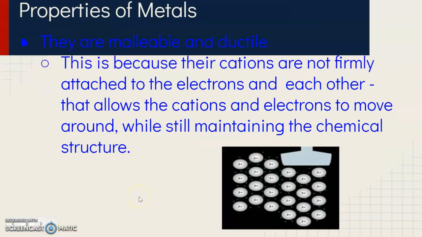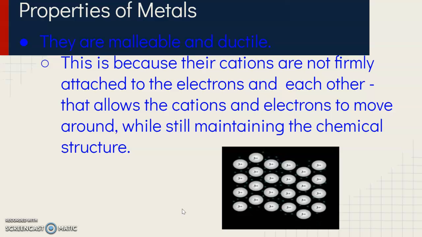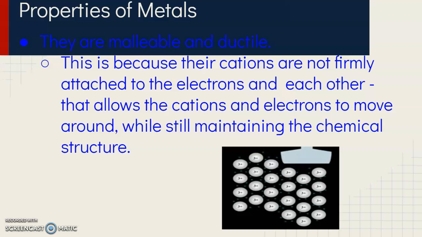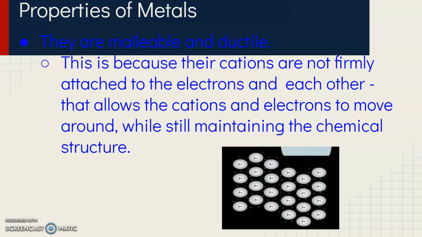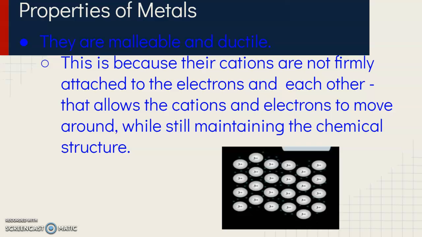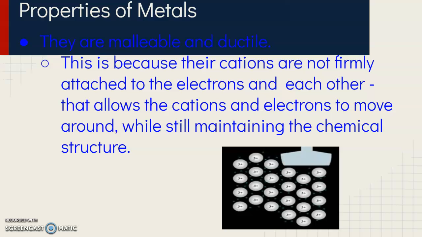And of course, we know that our metals are malleable and ductile. This is also because of the structure of these metallic bonds. Those cations are not firmly attached to the electrons or each other. And this allows the cations and the electrons to move around while still maintaining the chemical structure. That's why we're able to mold gold or silver into jewelry and it keeps its shape.